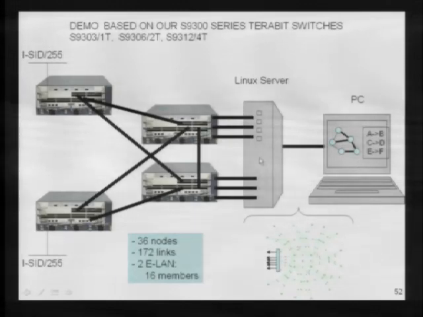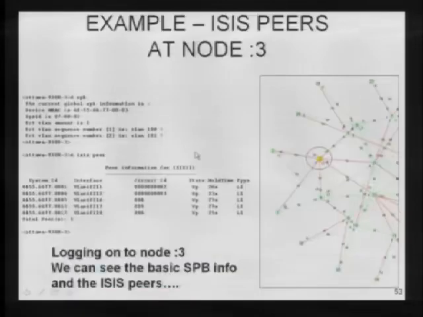And the ISIS protocol doesn't know that it's not running within a real switch, so it just forms its adjacencies over these little fake adjacencies within the Linux server, but some of the adjacencies are real to this physical switch. So in summary, it's 36 nodes, 172 links, and in this particular module there are actually 2 services, but I'm only going to show one of them.